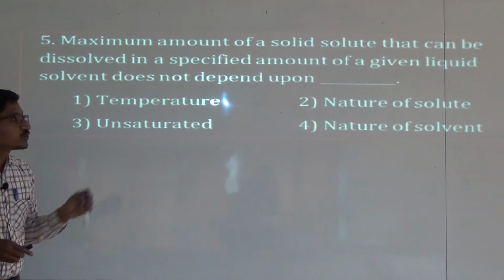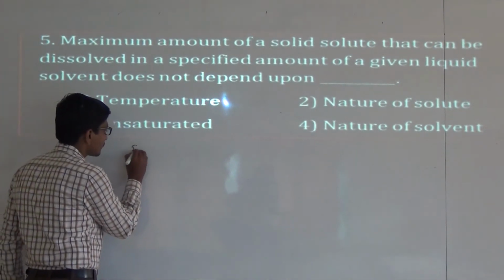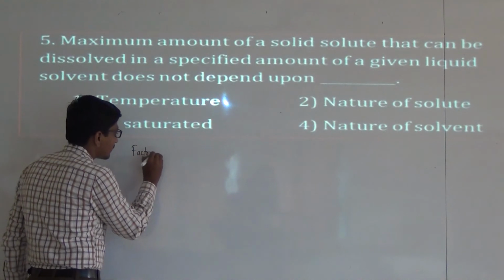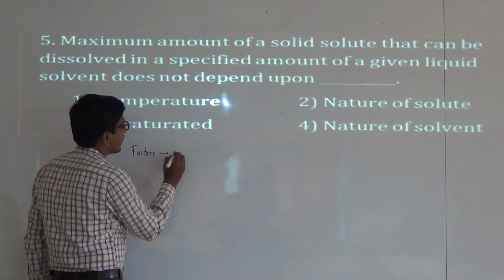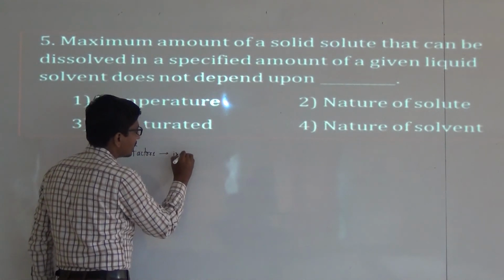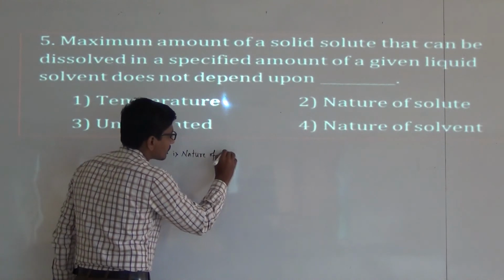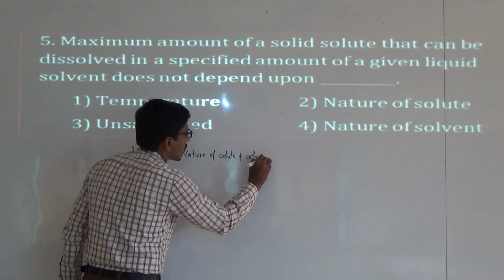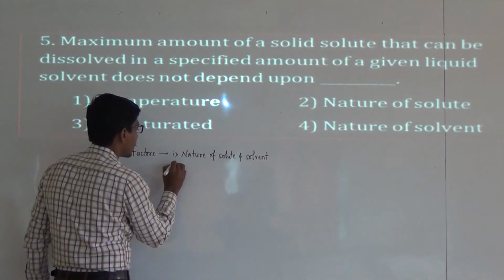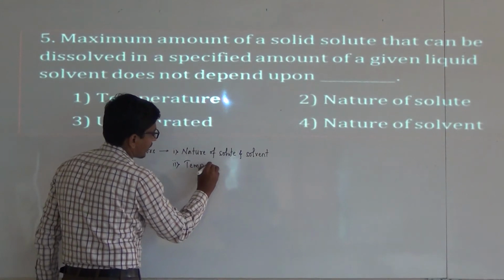The solubility of solid in liquid depends on factors. The factors the solubility of solid in liquid depends on are, first one, nature of solute and solvent. Second one is temperature.